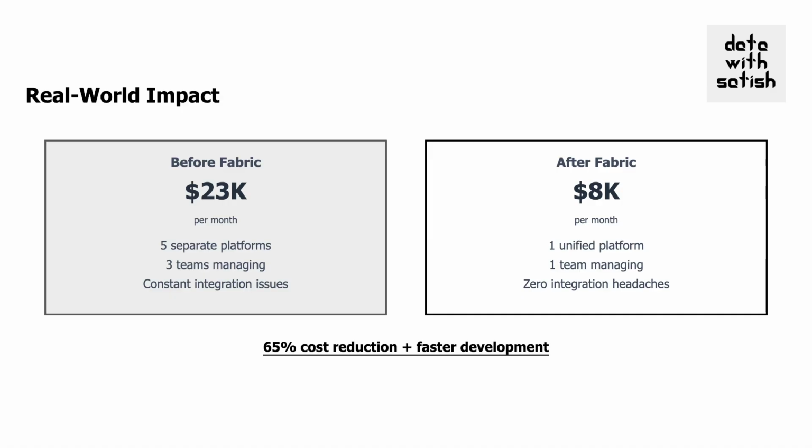Everything unified on OneLake, one team managing one platform, data movement costs eliminated completely. They cut costs by 65% and accelerated development because they are not dealing with integration headaches anymore. Their data engineers became more productive, their analytics got faster access to data, and IT wasn't constantly firefighting integration issues.